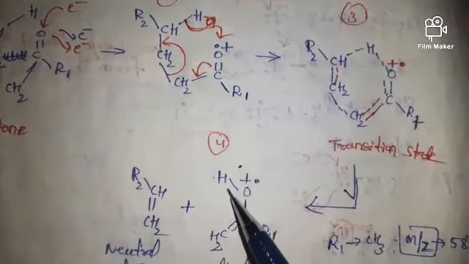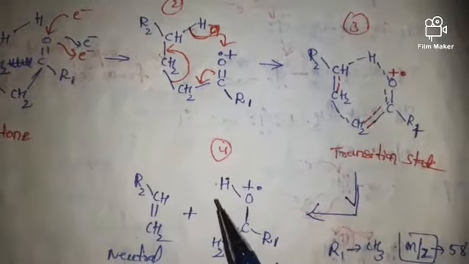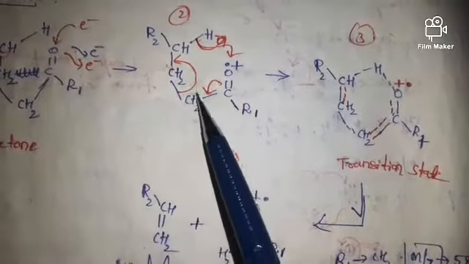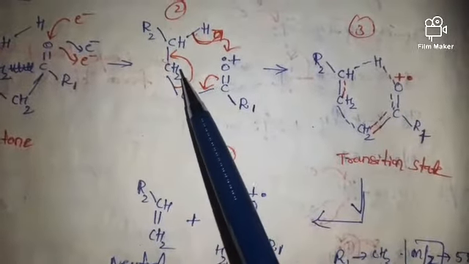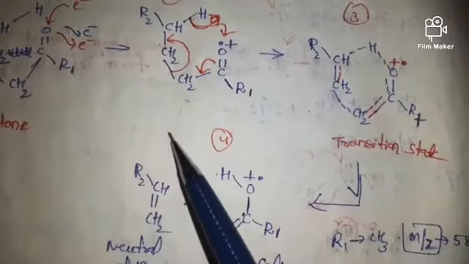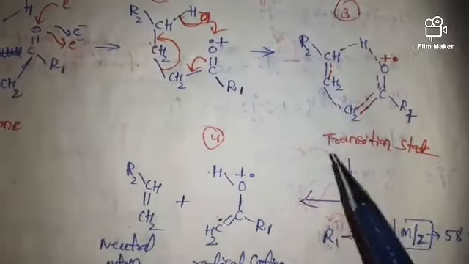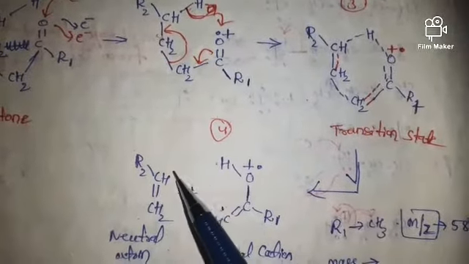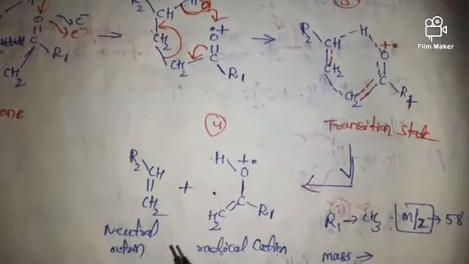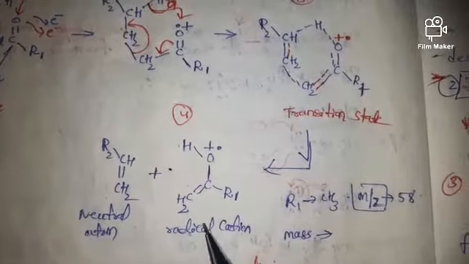This is the gamma hydrogen which has transferred. And the double bond moves to this bond, CH2 double bond CHR. Here the neutral molecule is formed, and this is the radical cation.